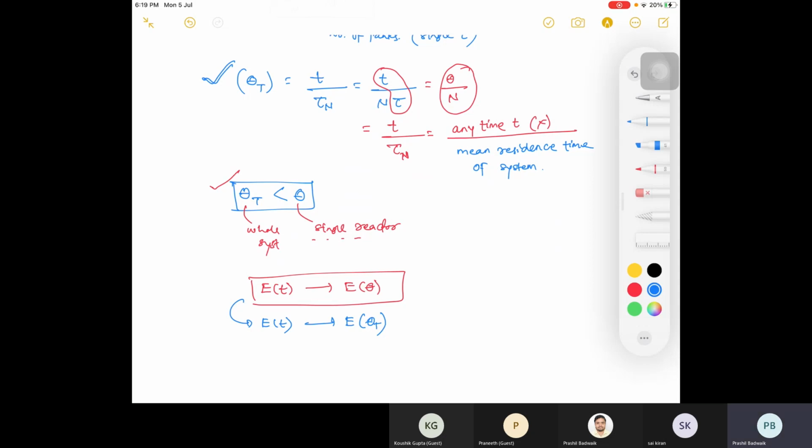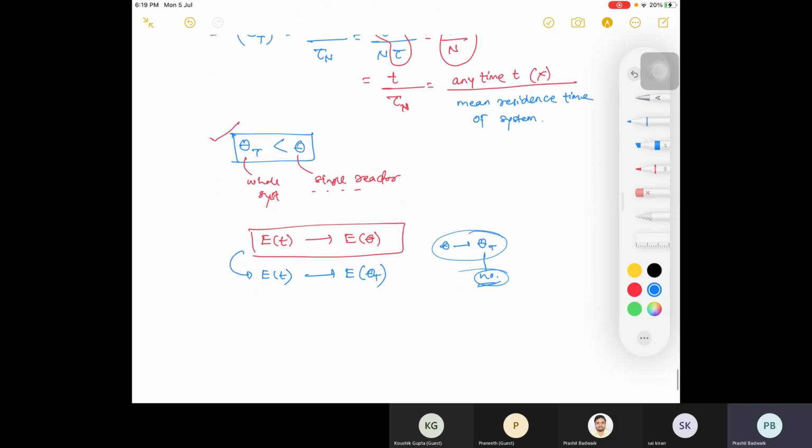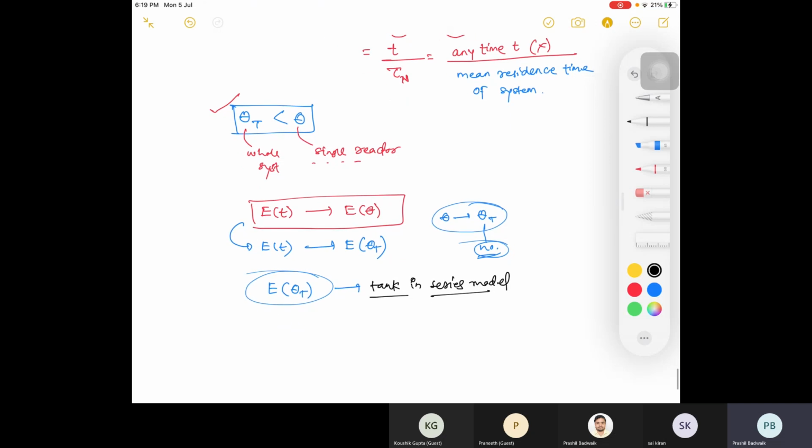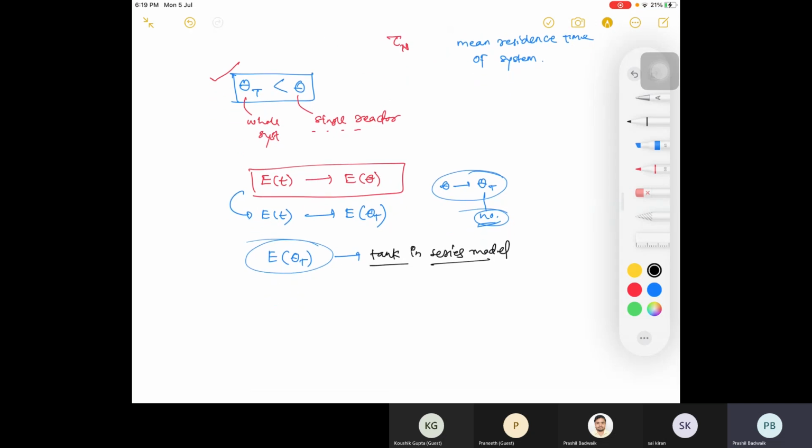Please raise your hand. Instead of theta, I have represented it as theta t because I have n number of tanks. So instead of E(theta) for the tank in series model, you are going to use E(theta t). This is very important. Tank in series model, and you will find an equation.